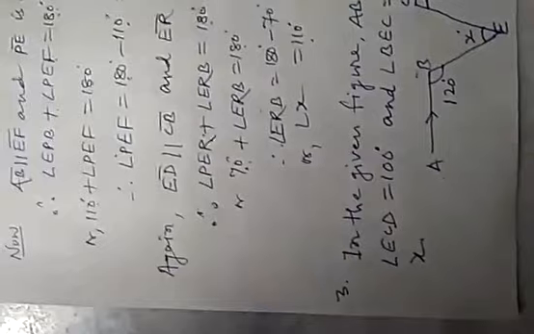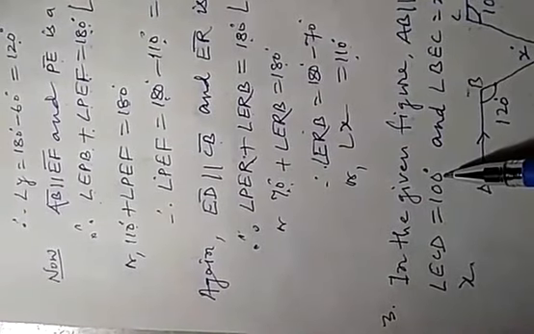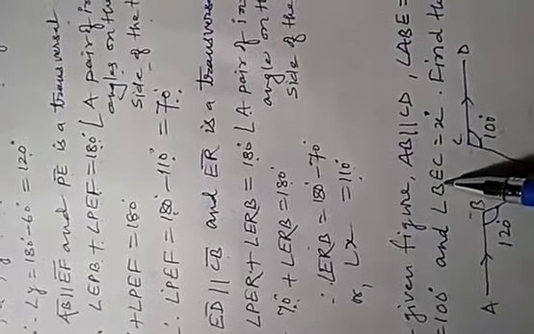Student, now take another example. In the given figure, AB is parallel to CD. Angle ABE is equal to 120 degrees, angle ECD is equal to 100 degrees, and angle BEC is equal to X degrees.